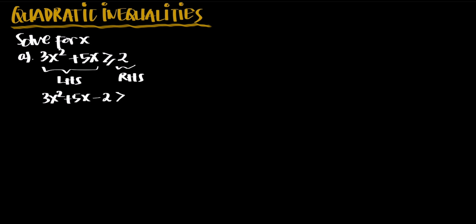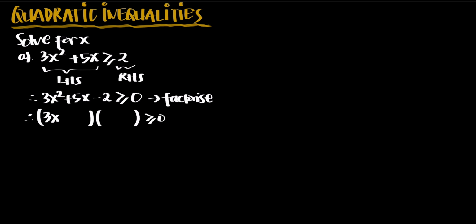Now, what is next? Next, we are going to factorize it. As it is already a quadratic expression, we have to factorize. So 3x, and you can use completing the square or trial and error. So this turns into (3x ...)(x ...) ≥ 0.